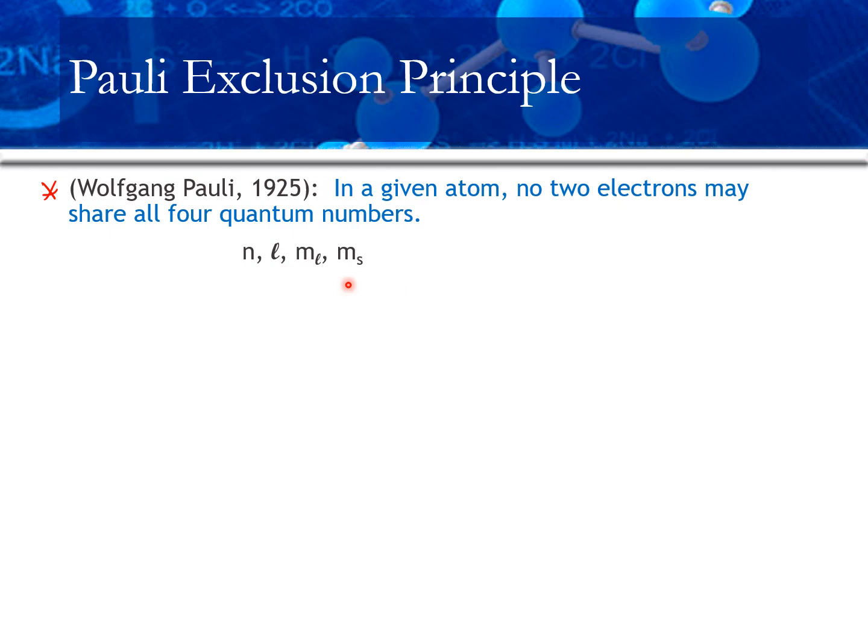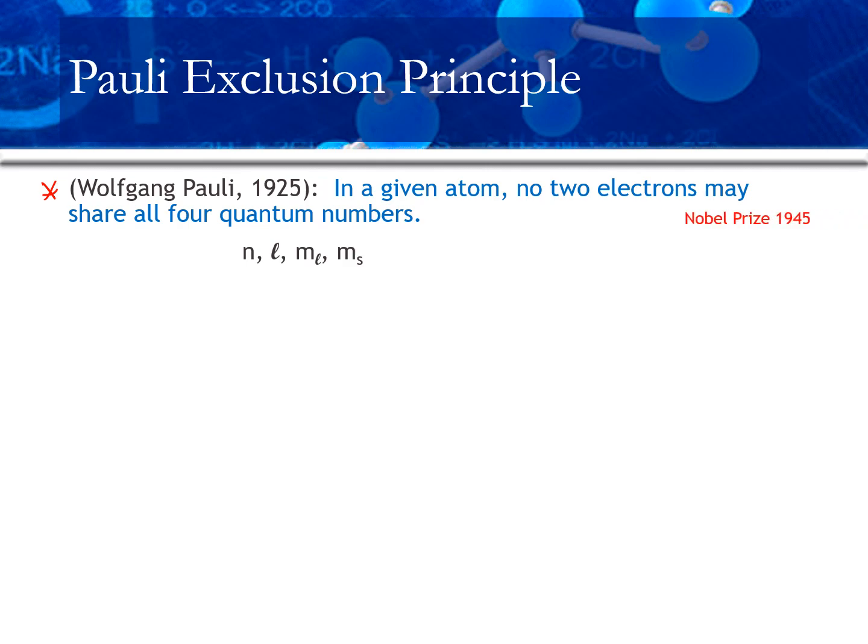If that's true, then they must have different values of m sub s. And since there's only two possible values of m sub s, plus 1/2 or minus 1/2, it follows that an orbital in an atom can describe at most two electrons at the same time, and if it does, they must have opposite spins.